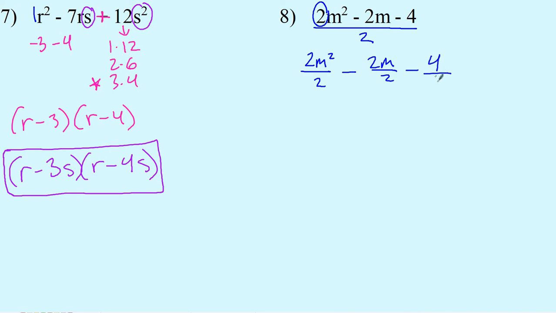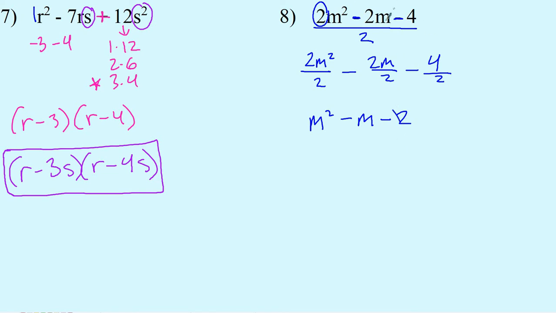And by the different terms, I mean the pieces separated through subtraction or addition. So we're dividing each one of these pieces. So 2m squared over 2 is just m squared minus m minus 2.